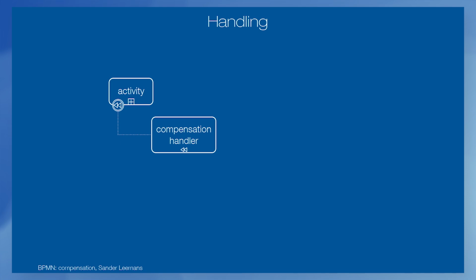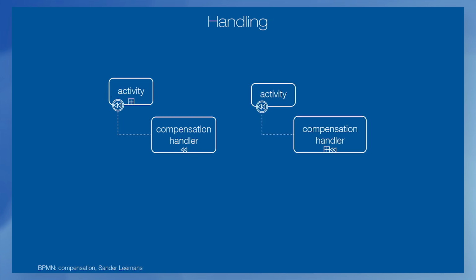Notice that this is not a sequence flow because the handling only occurs when the activity has already finished. So there is no more token in the activity when we want to call this handler for compensation. In the handler, we have this little rewind icon. And of course, the boundary event also has a rewind shape.